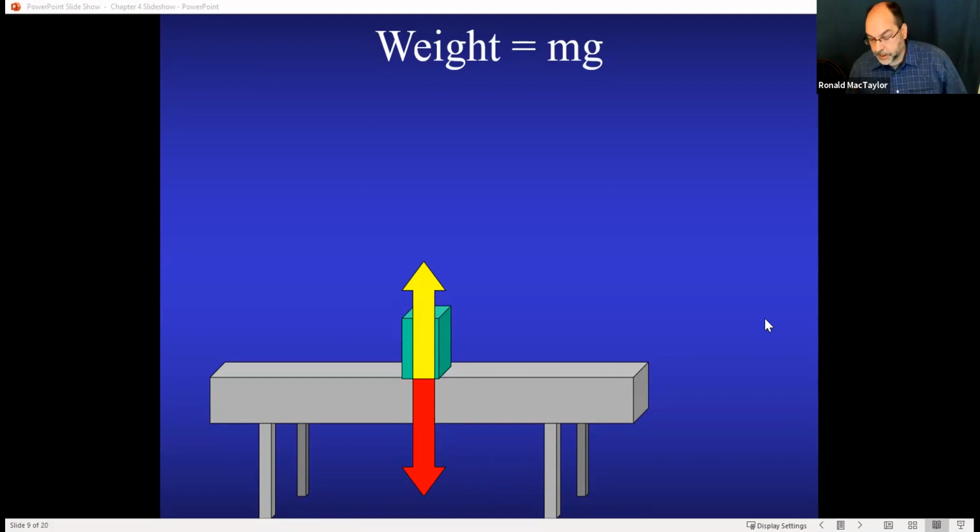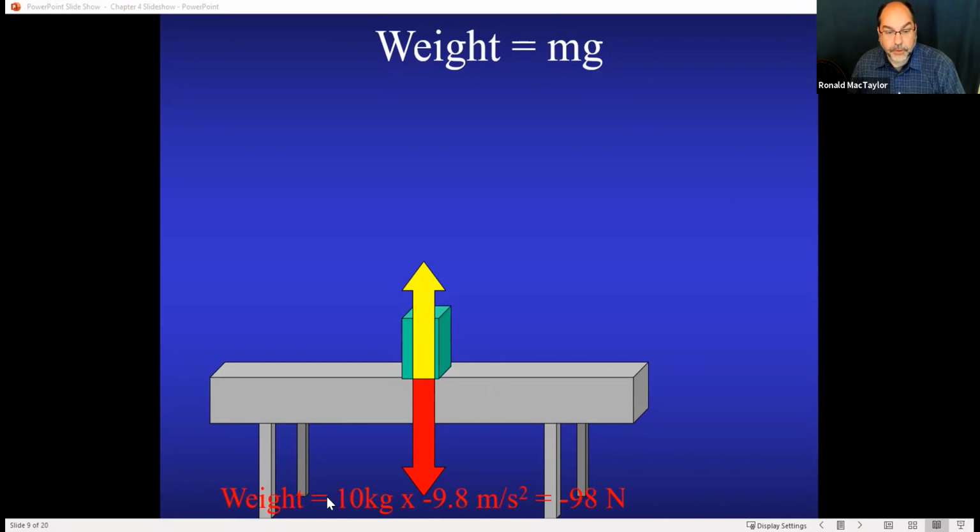I don't know how much geometry you might have had, but if something is coming out of a surface, directed perpendicularly to the surface, we call that normal. So that is the normal force, equal and opposite to the weight.